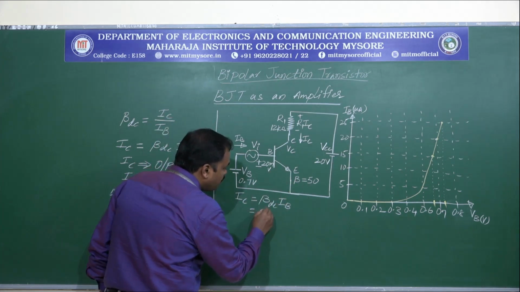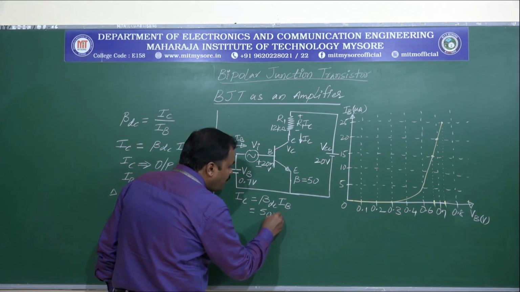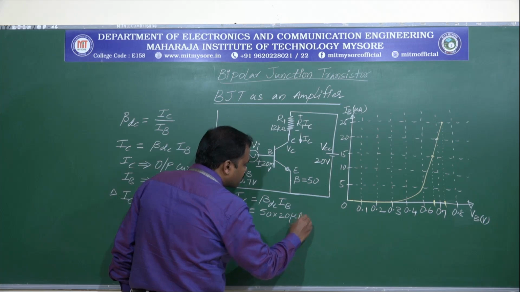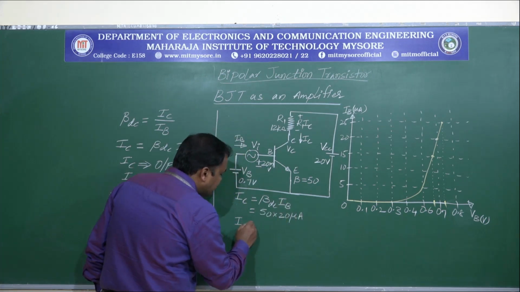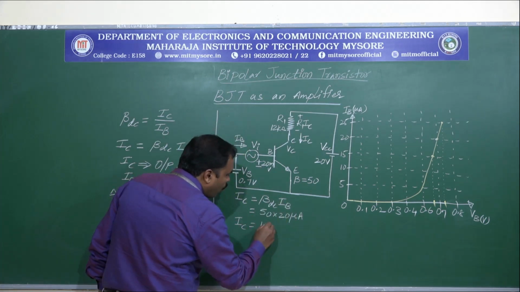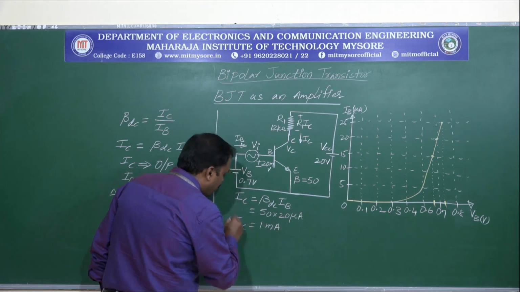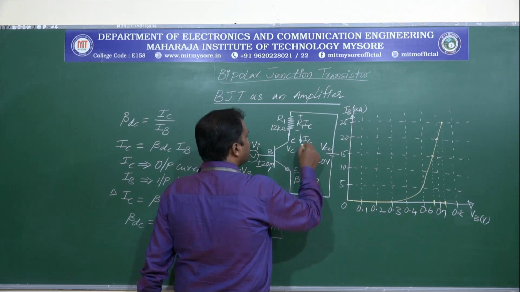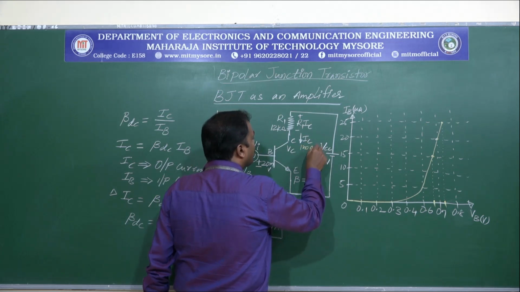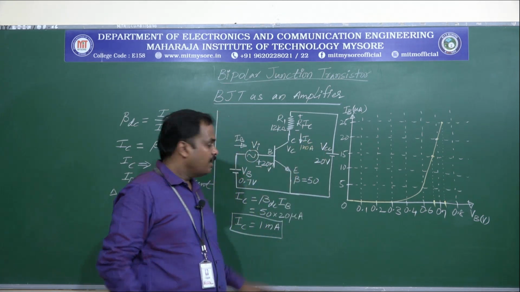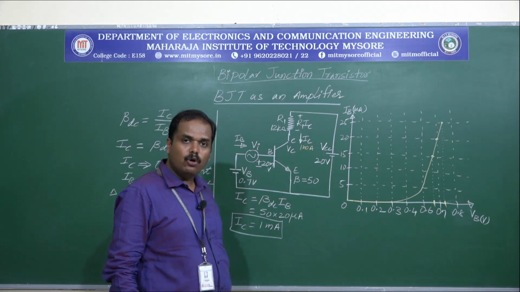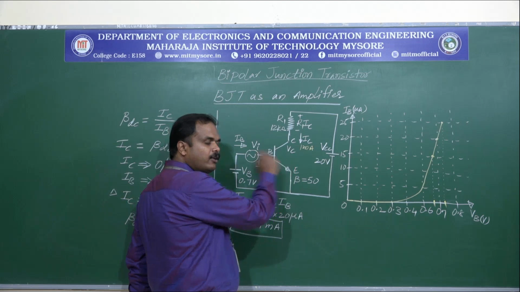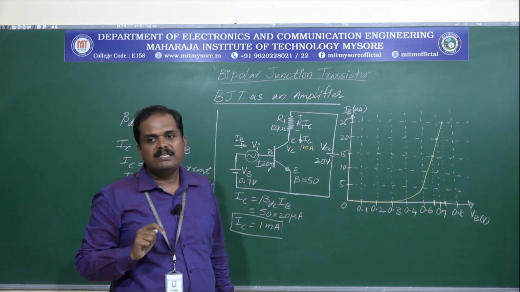So IC is going to be 50 into 20 microamperes, which is 1 milliampere. So with the IC value known, let us apply KVL for this part to find out the value of VC.